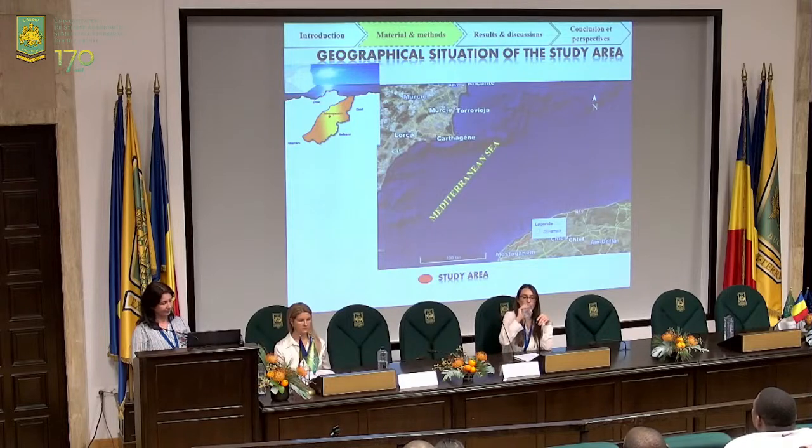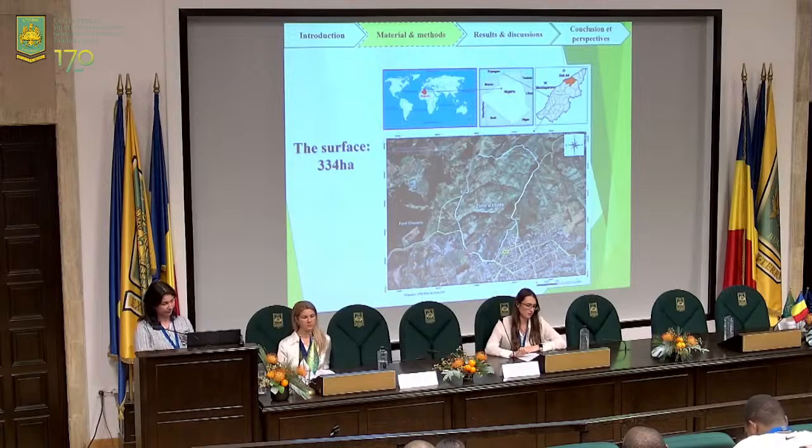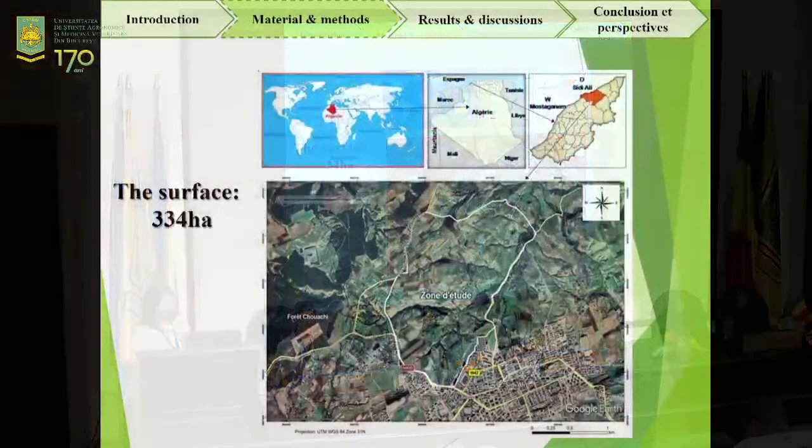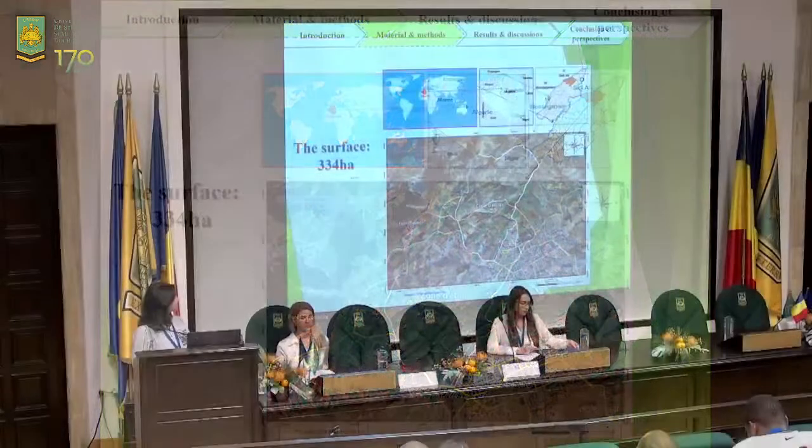So we begin by showing Algeria. Algeria is located in the north of Africa, in the Mediterranean Sea basin, and the town of Mostaganem is situated in the northwest of Algeria, as we see in the pictures.